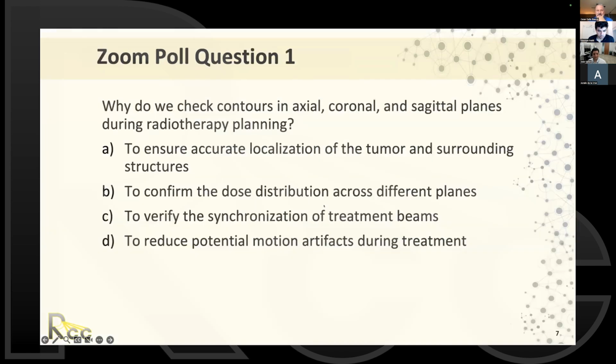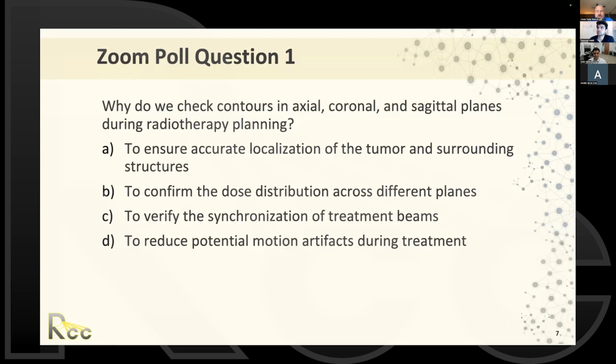Okay, so moving to the next slides, we have our first poll question. The question is, why do we check contours in axial, coronal, and sagittal planes during radiotherapy planning? And the options are: A, to ensure accurate localization of the tumor and surrounding structures.